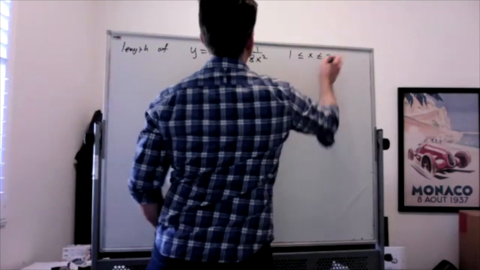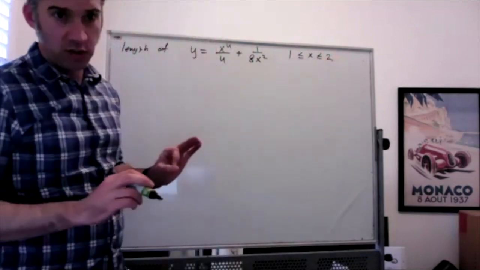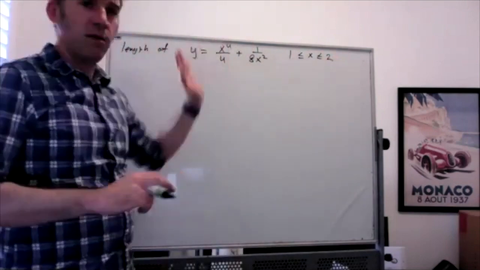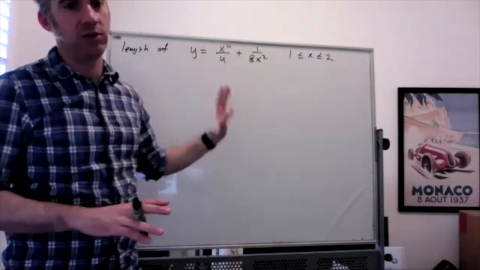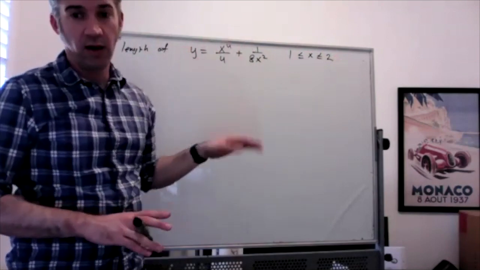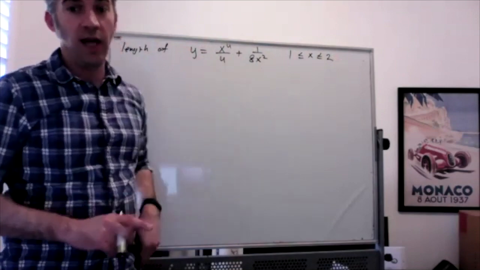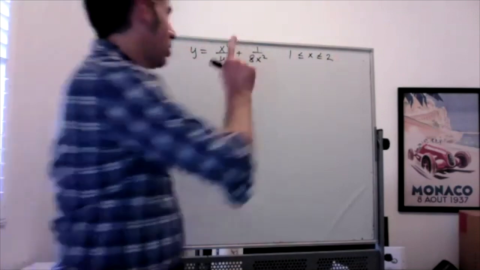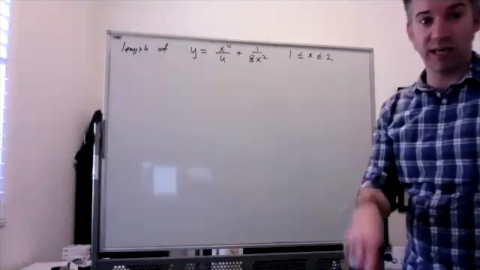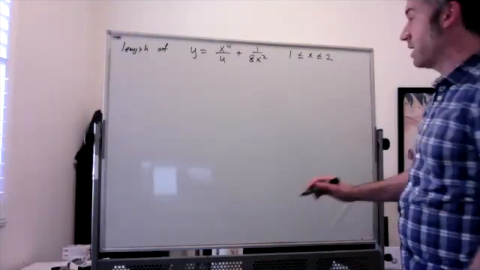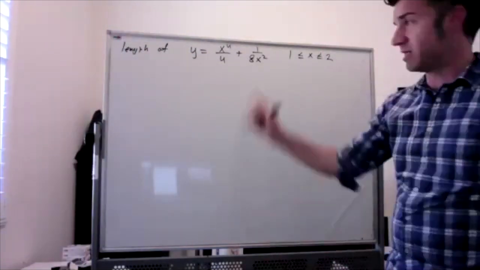So here's what I will say. If you have a function that looks like some power of x plus some other power of x, or some power of y plus some other power of y, usually this process that we're about to encounter is what is going to happen. Looking at this function, I already know the answer to this integral, because I've seen these a million times.